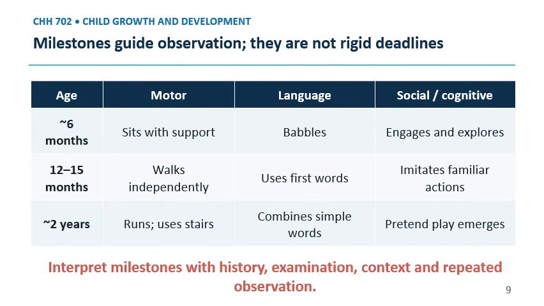The last sentence under the table in this slide is the safeguard. Interpret milestones with history, examination, context, and repeated observation. We need to know whether the child was born preterm, whether vision or hearing was impaired, whether illness has interrupted progress, and whether the child has opportunity to practice the skill.